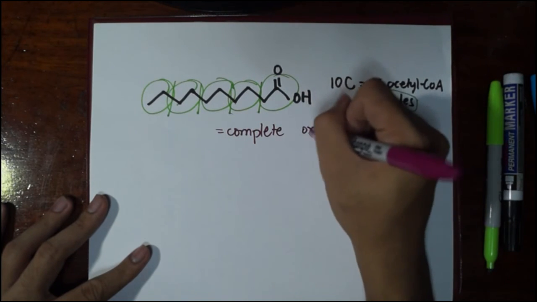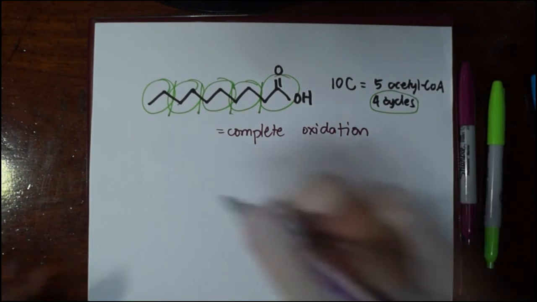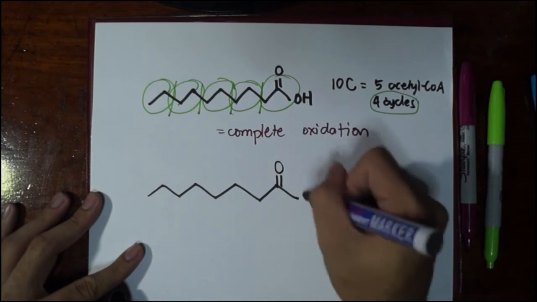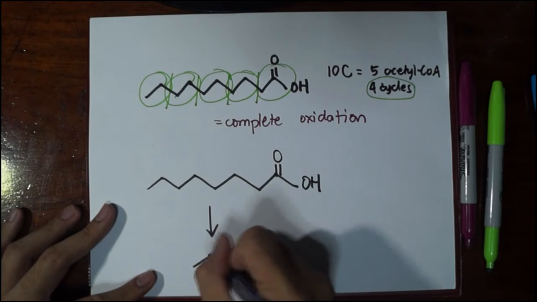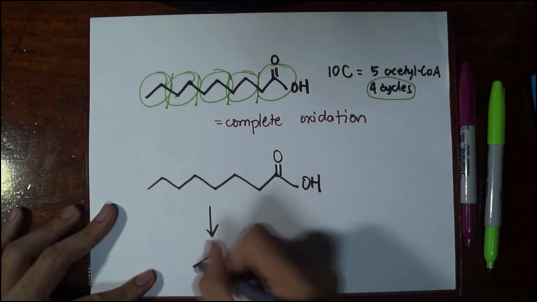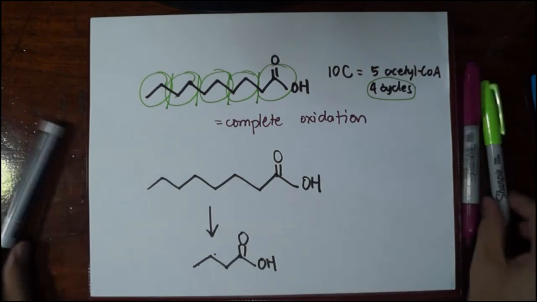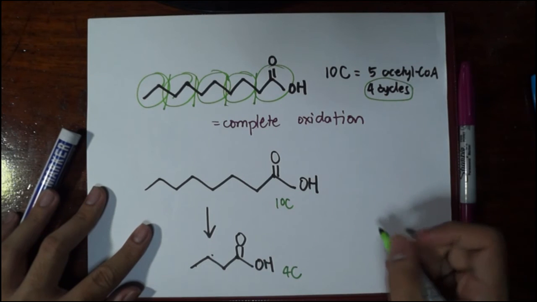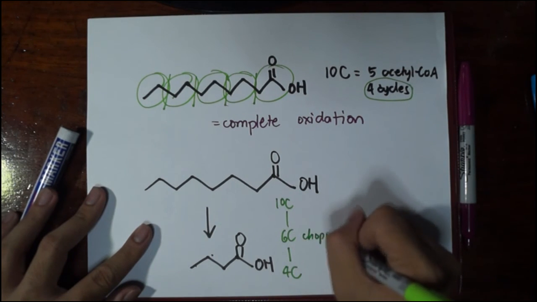But this is considering that we are completely oxidizing the entire fatty acid. What if, with the same fatty acid, I only reduce it so that it results in the formation of butyric acid, 1, 2, 3, 4? So if we have 10 carbons and then we have 4 carbons, how many were lost? 6 carbons were chopped off.